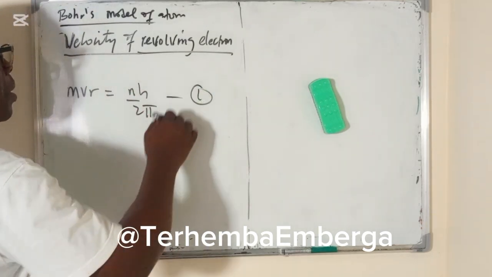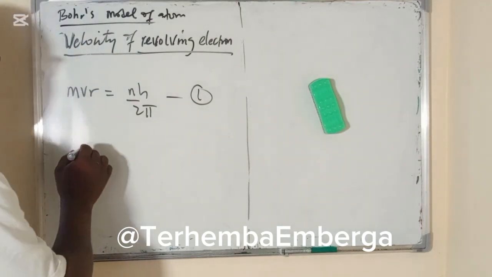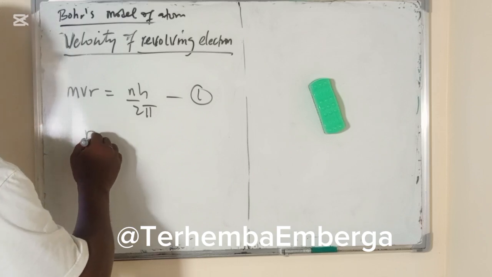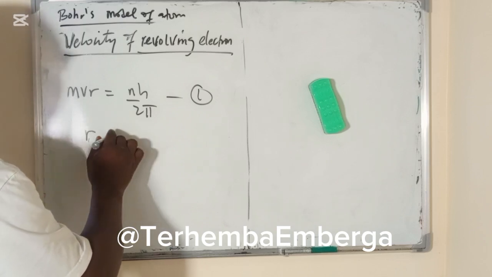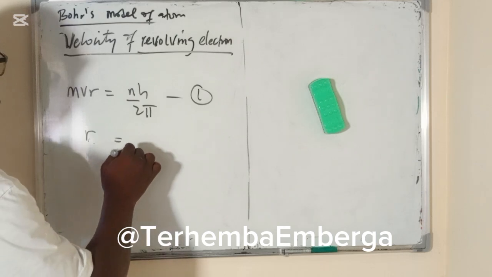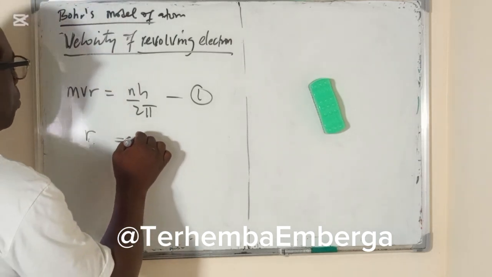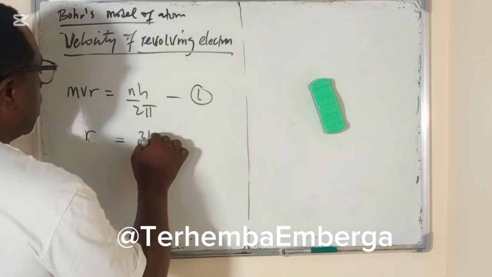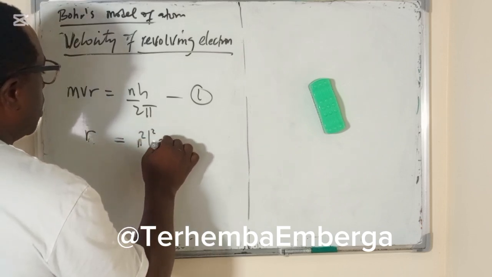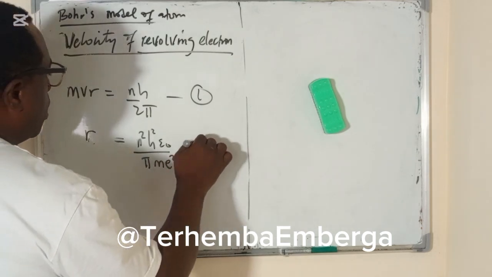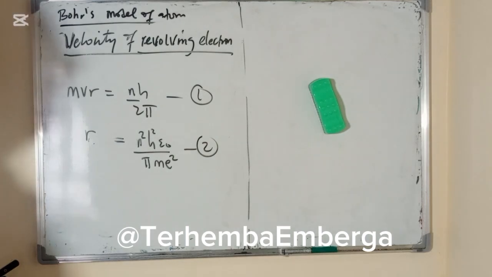If this is equation 1, and then we have also derived this expression that r, that is the Bohr's radius, is equal to n square h square epsilon naught all over pi m e square. It is equation 2. But before we derive this velocity v, let's recap.